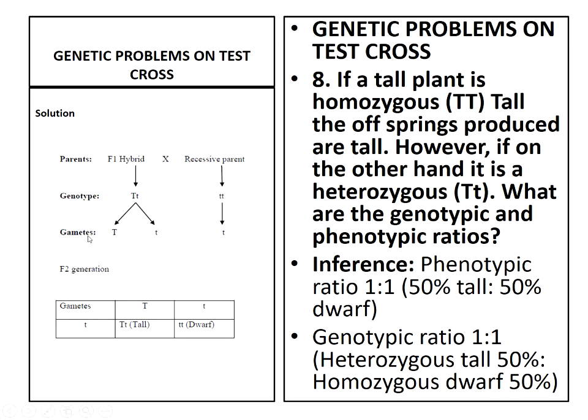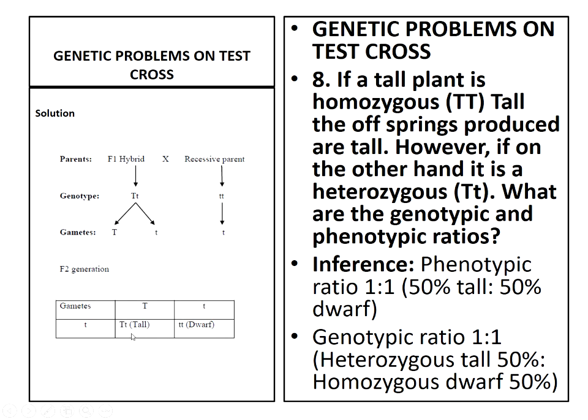Writing the gametes, the gametes for the genotype capital T small t are capital T and small t, and the gamete for the recessive parent is small t. In the F2 generation we write the gametes in the checkerboard. By this we get tall and also dwarf progenies.